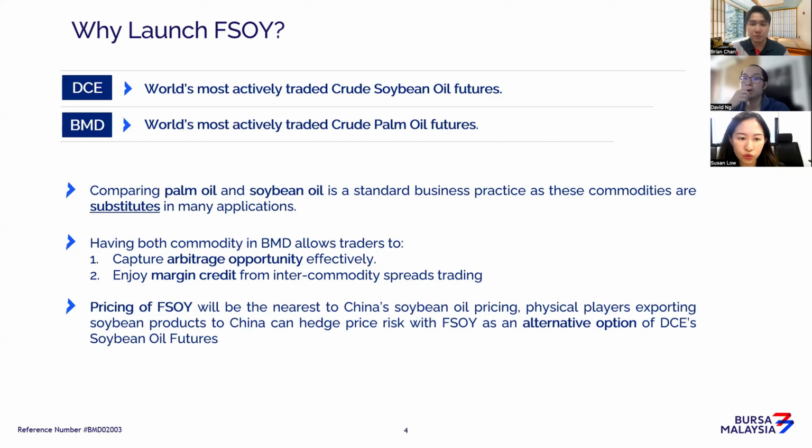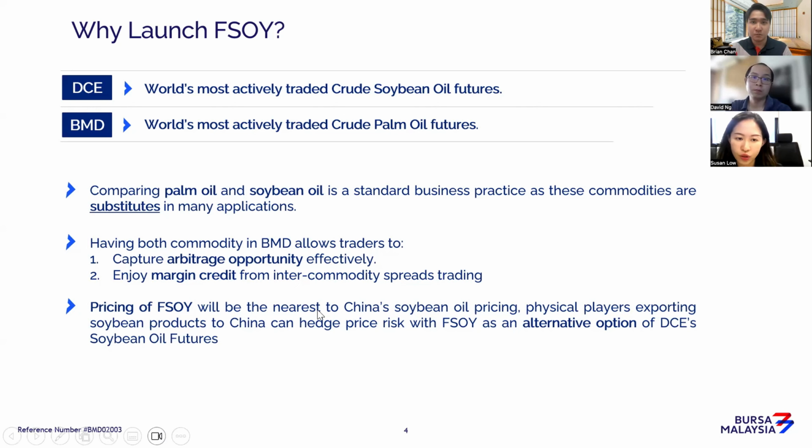So having these two commodities in BMD allows traders to first capture arbitrage opportunities effectively, as these two commodity prices move in tandem, and enjoy margin credit from inter-commodity spreads trading. Meaning, before having the FSOY, people could only trade soybean oil from different exchanges against BMD. But now, since FSOY is in BMD, there are margin credits available as both contracts are on the same exchange.